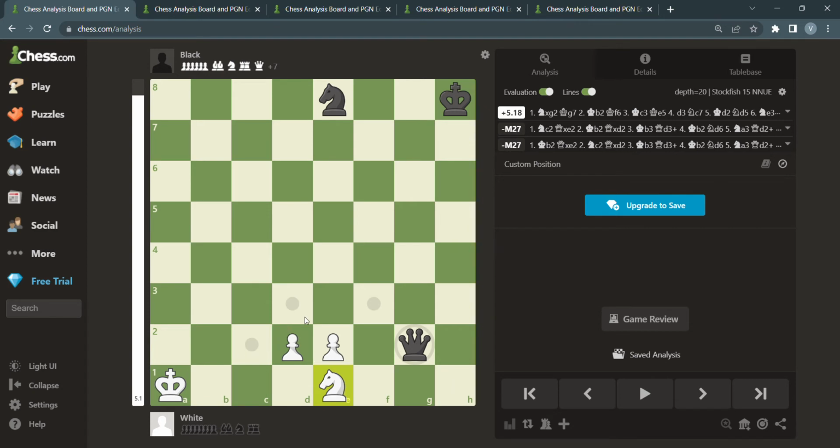Another way to describe it is they move one square in any direction, and then they move 2 squares in another direction. For example, 1 square, then 2 squares, 2 squares, then 1 square. So that's how the knight moves.